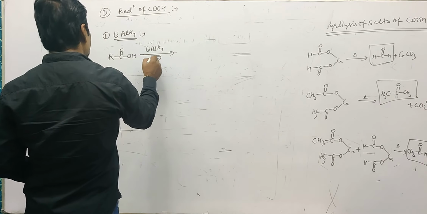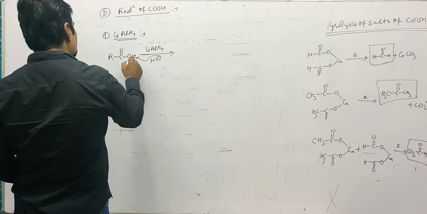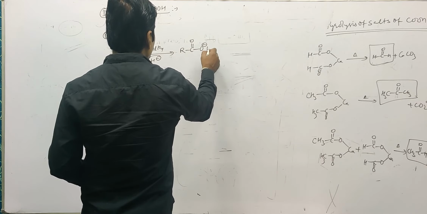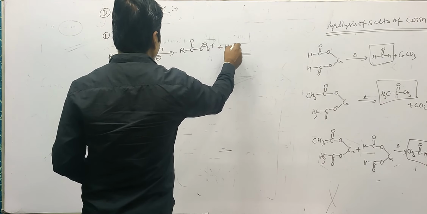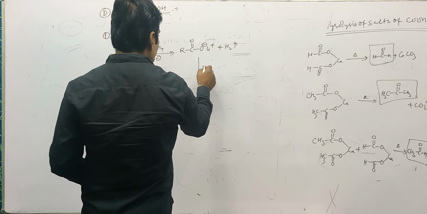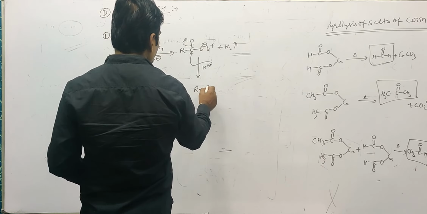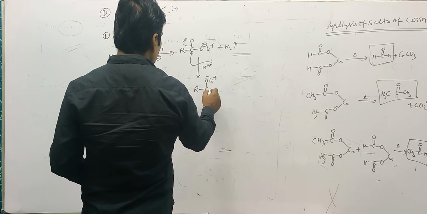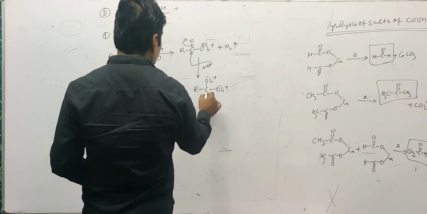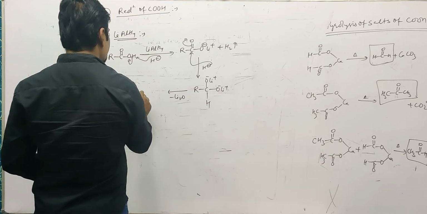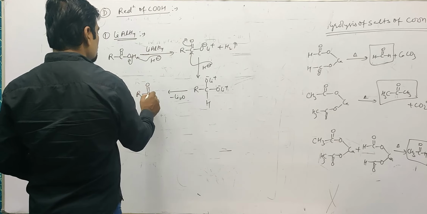H minus approaches the H plus, this bond is transferred, becoming RCOO minus Li plus, and hydrogen gas is eliminated. Further, H minus approaches, this bond is transferred, becoming RCO minus, Li plus, O minus, Li plus, and over here hydrogen. Further, there is elimination of lithium oxide, becoming RC=O.